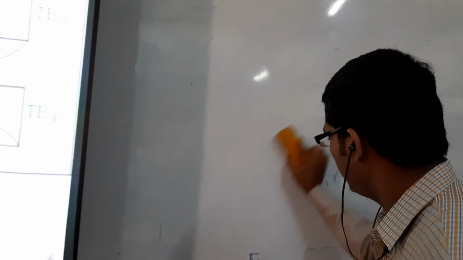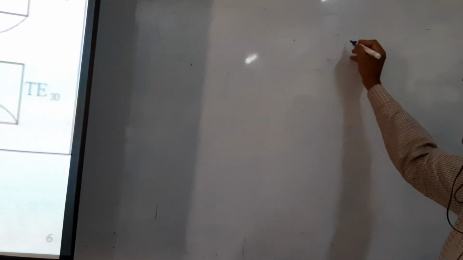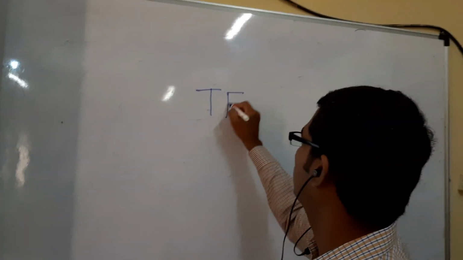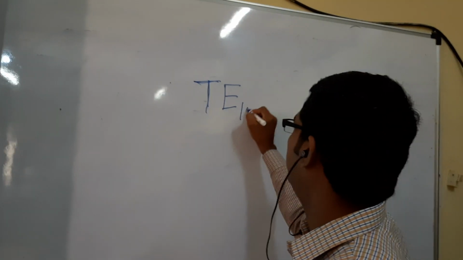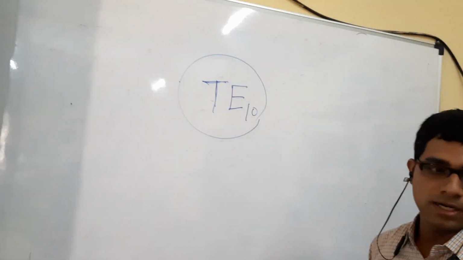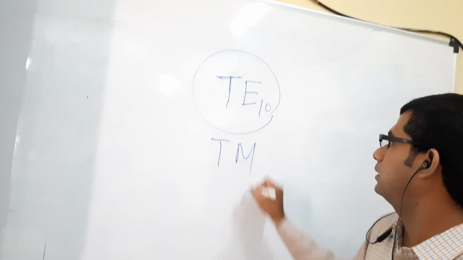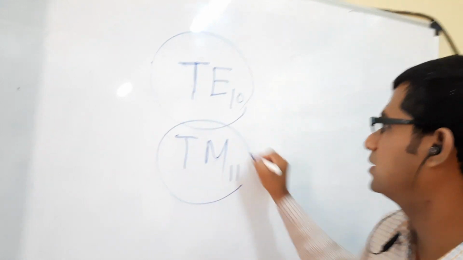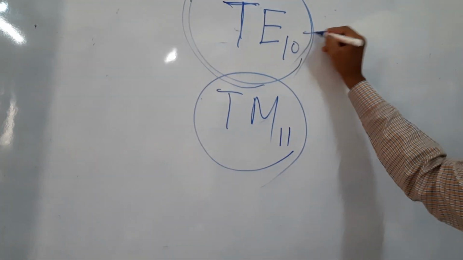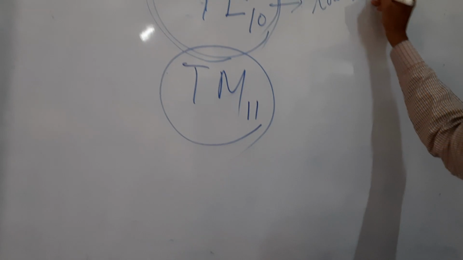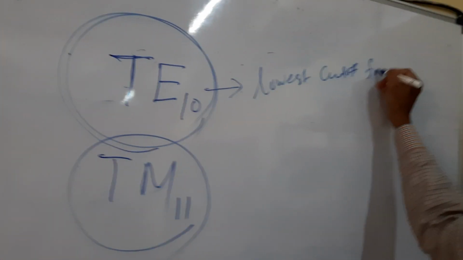And we'll prove, we have a derivation, that in transverse electric mode, the dominant mode is TE10 mode. In transverse electric mode, TE10 is the dominant mode, and in the transverse magnetic mode, TM11 is the dominant mode. That means this mode has the lowest cutoff frequency.